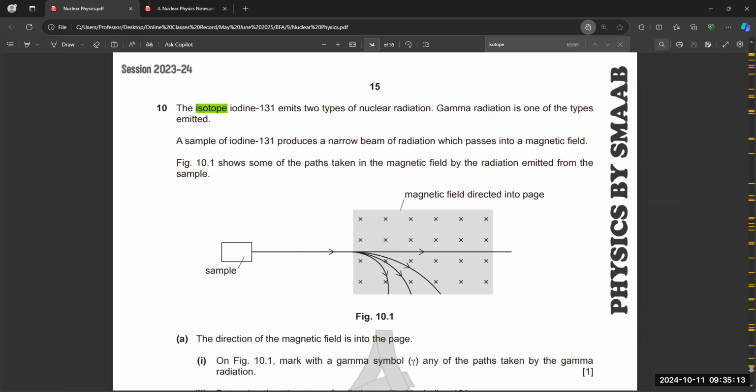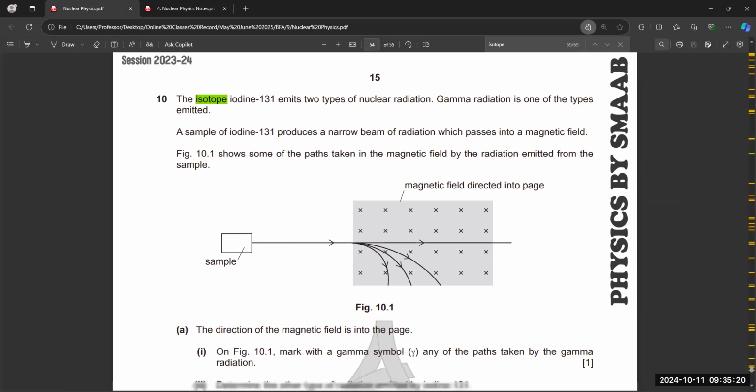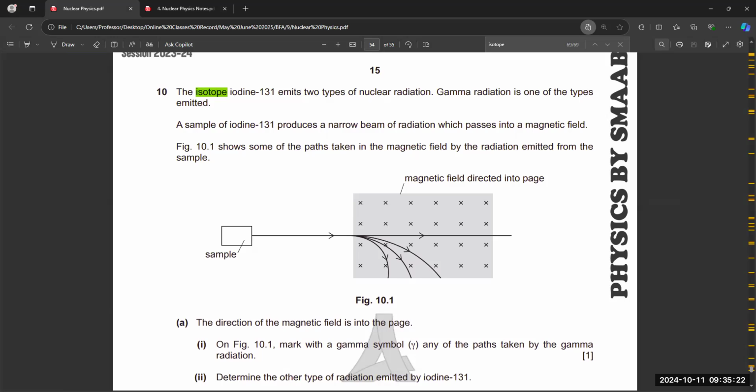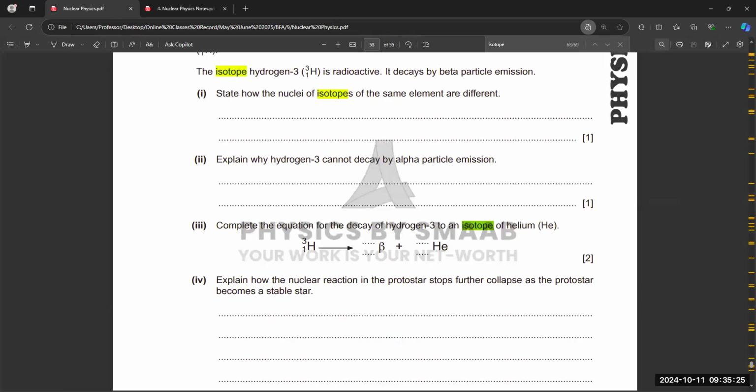Okay, this is the question. In this question, we have the topic of isotope, but this concept is completely different. We have to study this concept because this is related to radioactivity.